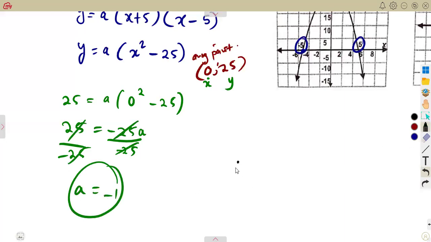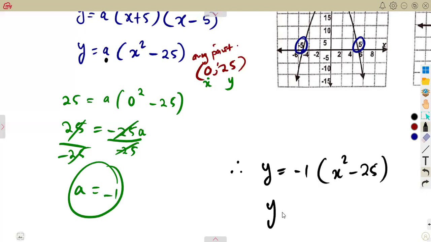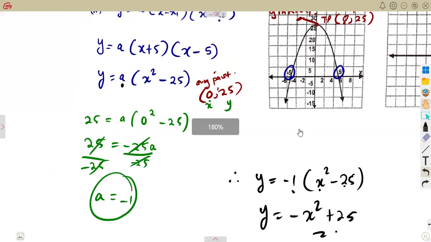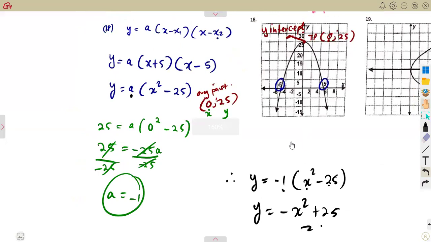So our function can be written as y is equal to negative 1 into x squared minus 25. Let's expand. Negative times x squared is negative x squared, negative times negative 25 is a positive 25. So that's our function that we're given.